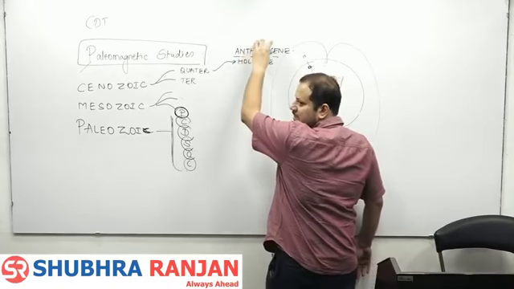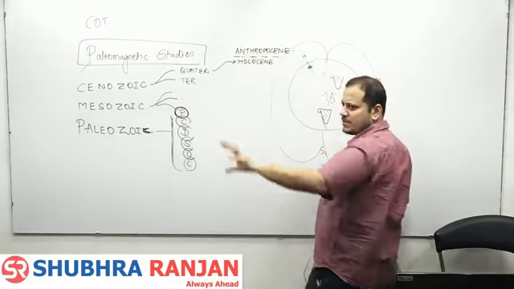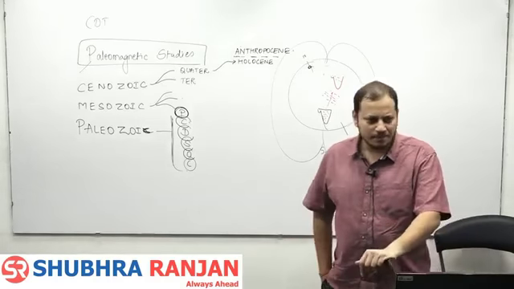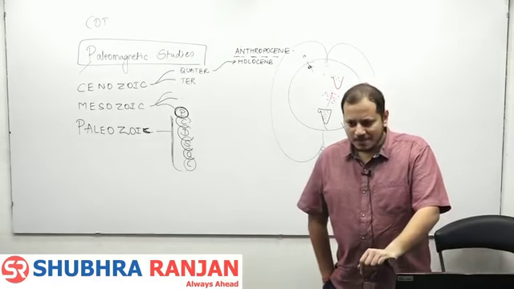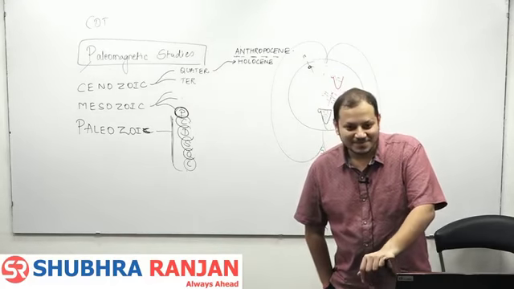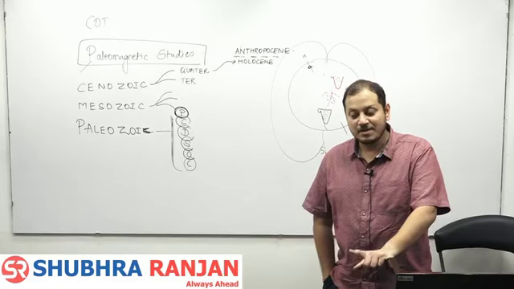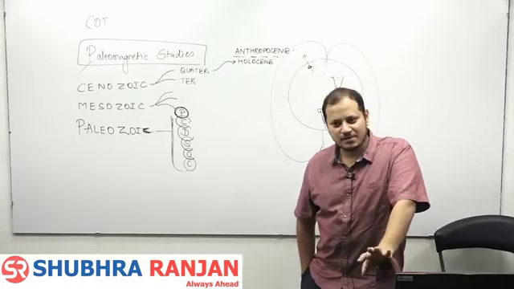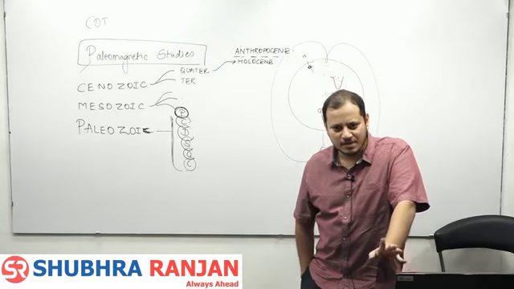Anthropocene era, ये GS का टॉपिक है. What is an Anthropocene? Why it is known as an Anthropocene? कब से शुरू हुआ Anthropocene? That is, scientists have not agreed to it because there are 3 debates. Someone says as soon as when agriculture started, that is 10,000 years before.